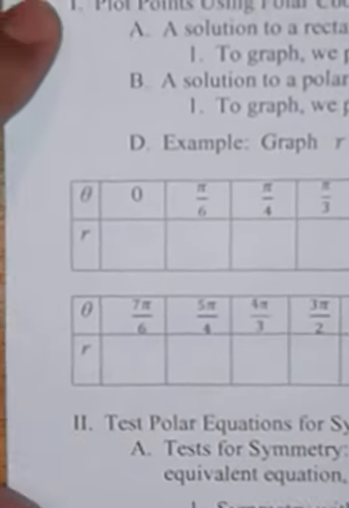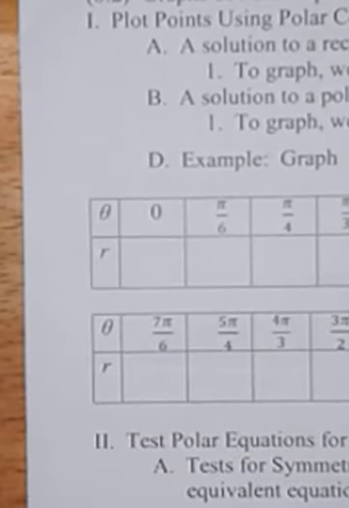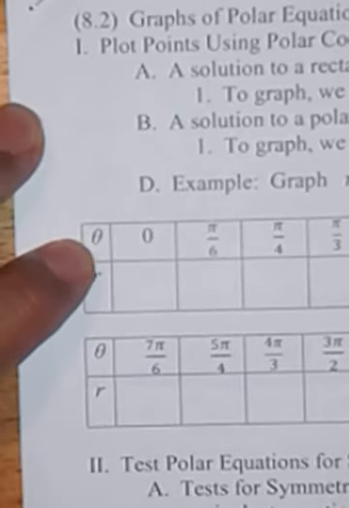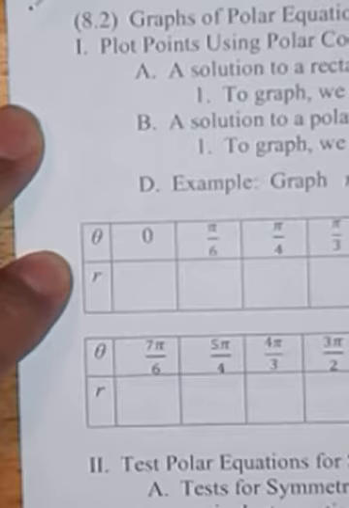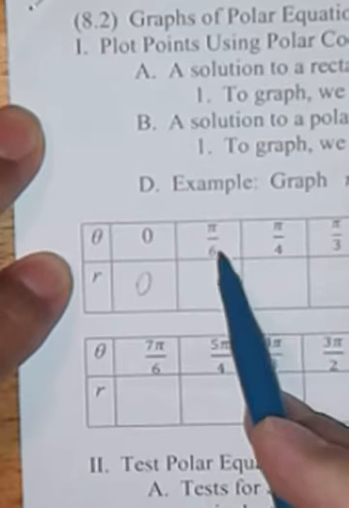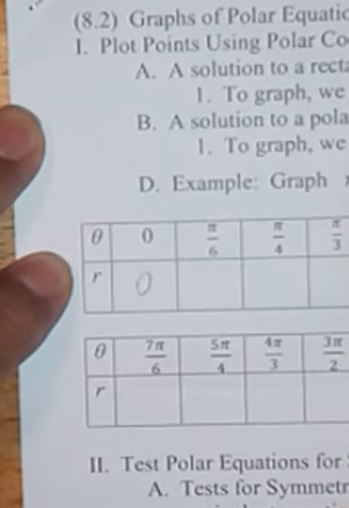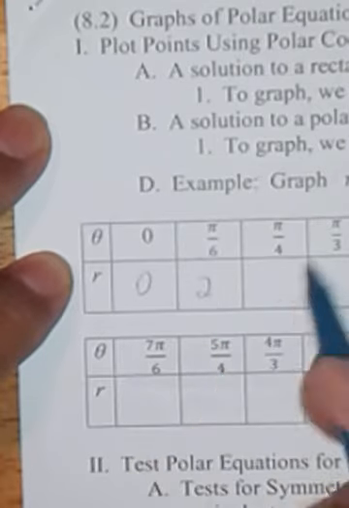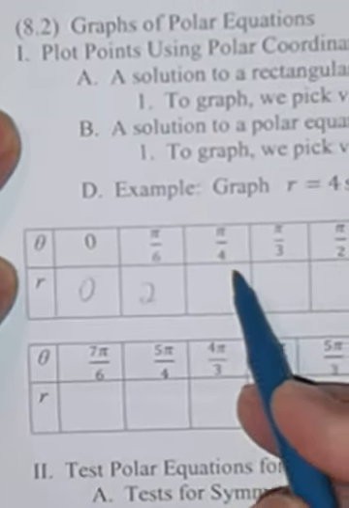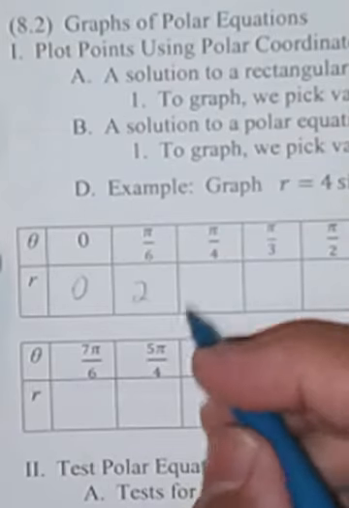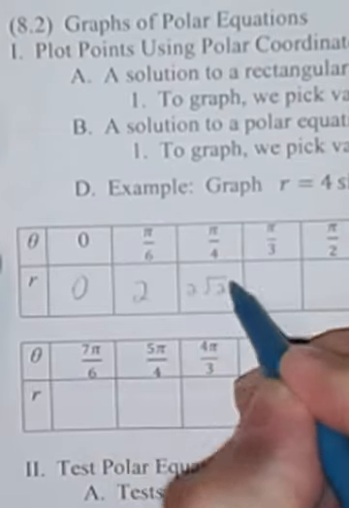So we start with theta equals 0. To find r, it's 4 times sine of 0, which is 4 times 0, which is 0. For pi over 6, 4 sine of pi over 6, sine of pi over 6 is 1/2, 4 times 1/2 is 2. For pi over 4, 4 times sine of pi over 4 is 4 times root 2 over 2, which is 2 root 2.